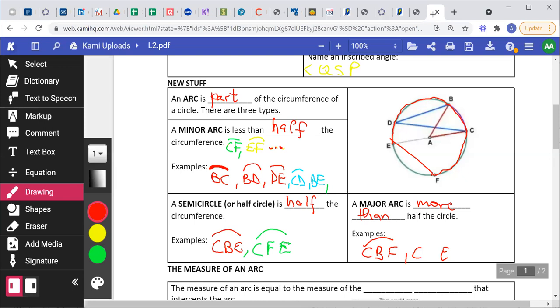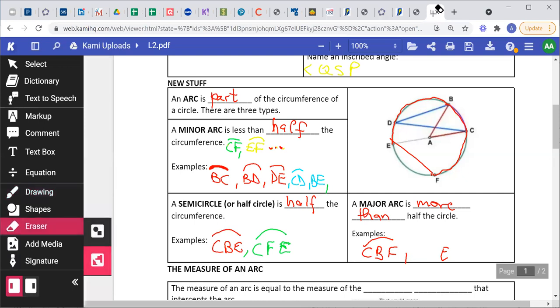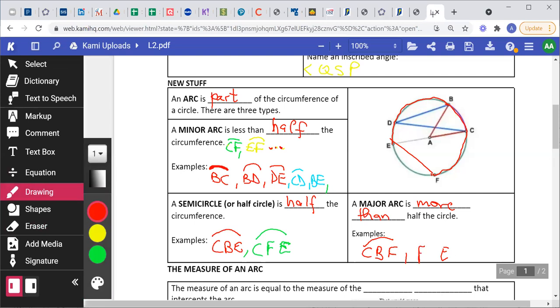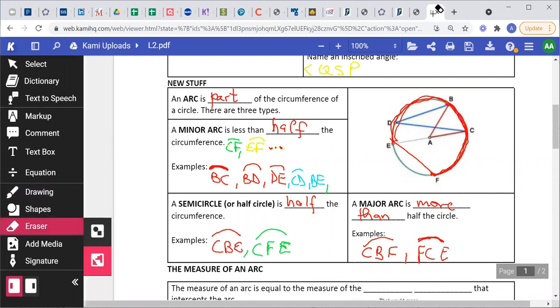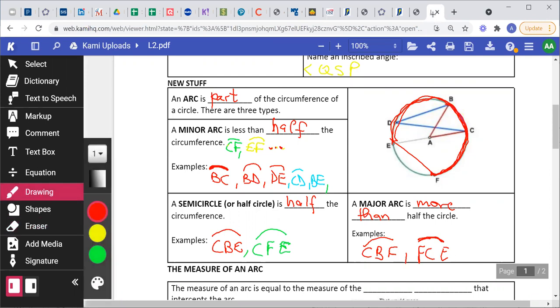By putting, this is F, I'm sorry. You're moving from F to E by putting maybe C in between to show that I'm talking about the arc that contains this C component, and then I move to E. I start at F, C is included, and I move to E. You can start at F, you can include B. Instead of C, you can write B, you can write D. It depends on you. But once you write something like that, I know what you're talking about. And here you can list as many as you want.